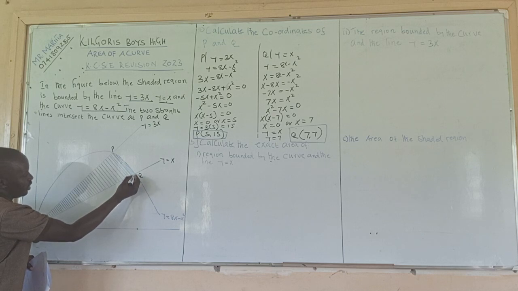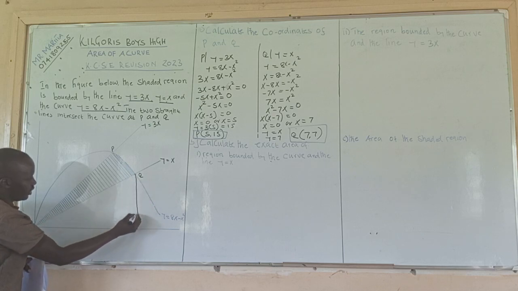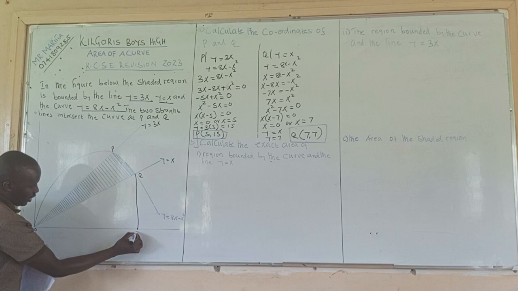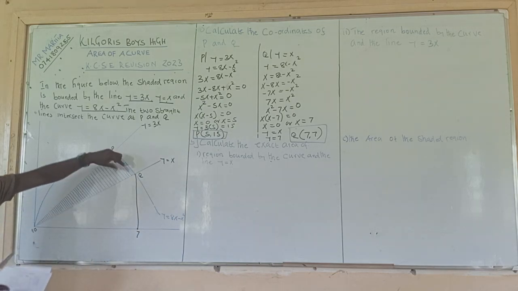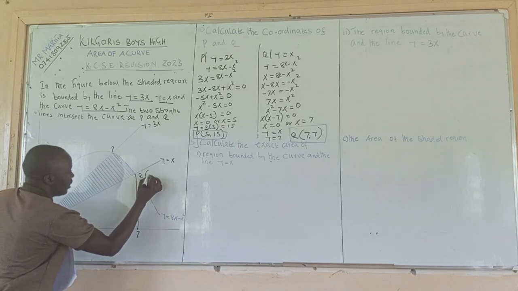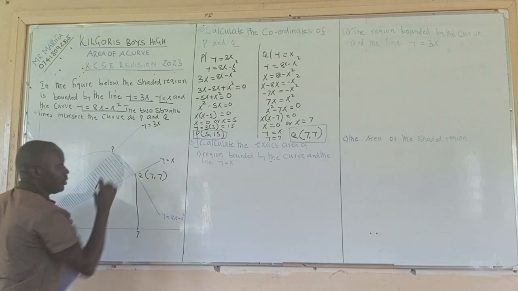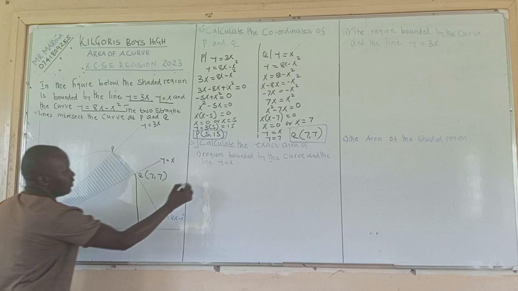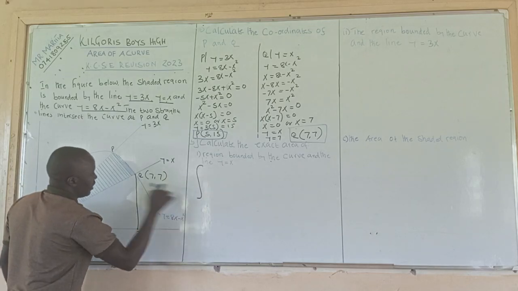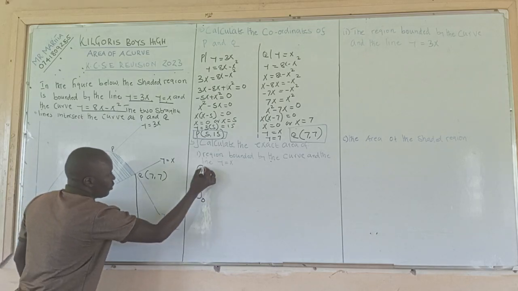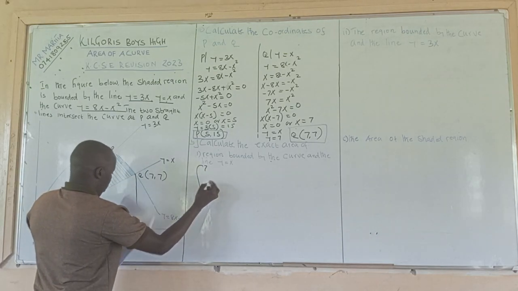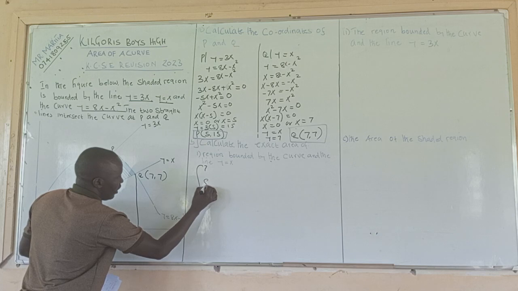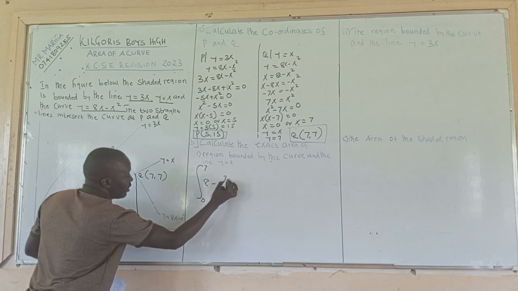We have the coordinates here, 7, 0, because the coordinates we have are 7, 7. So the limits of integration are from 0 to 7. We integrate the curve 8x minus x squared.